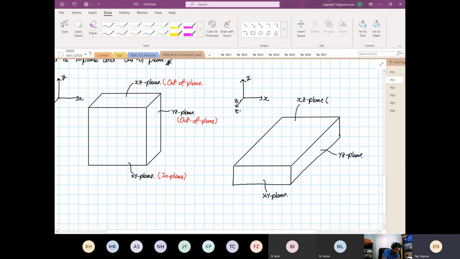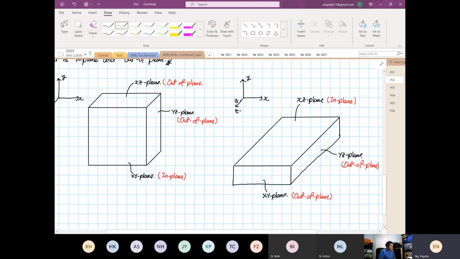So for this case, what we have drawn now, the XZ plane is in plane, the XY plane is out of plane, and the YZ plane is out of plane.